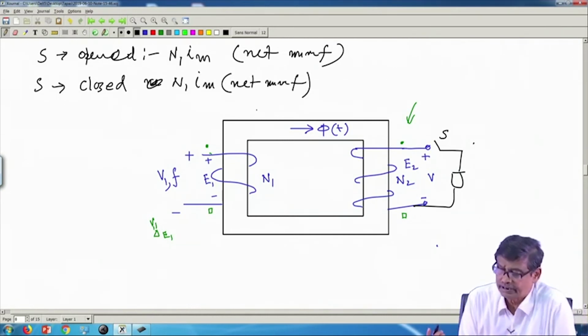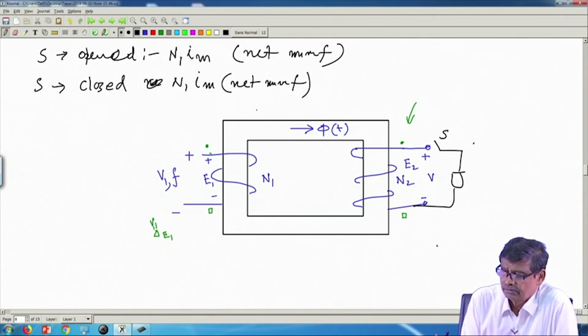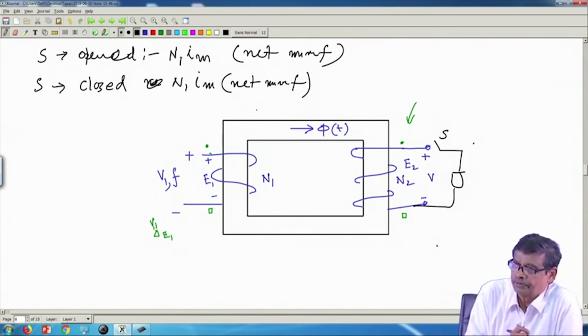Because flux level cannot change, but MMF is contributed by this coil current and its number of turns, and this coil current and its number of turns.